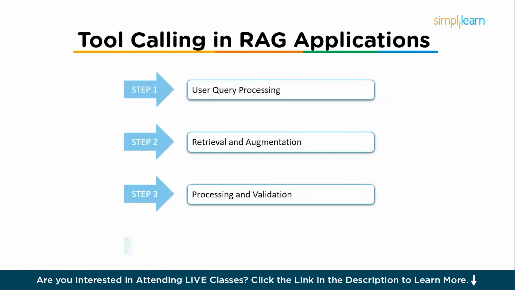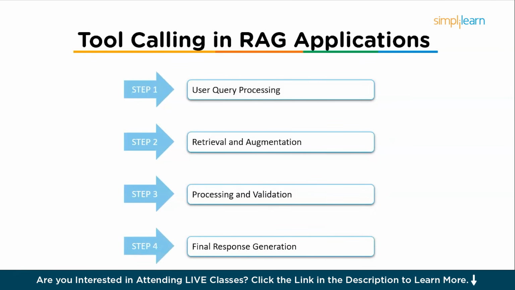Now moving on to the fourth step, we have the final response generation. So once the information has been processed and validated, the system generates the final response. That is, the language model integrates its internal knowledge with the retrieved and computed data to produce a coherent, well-structured answer. The response is formatted in a user-friendly manner, ensuring clarity and conciseness.